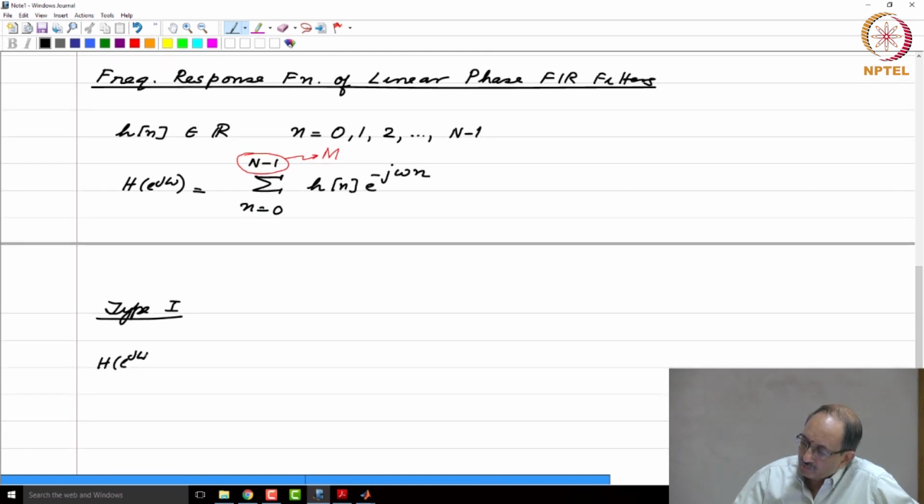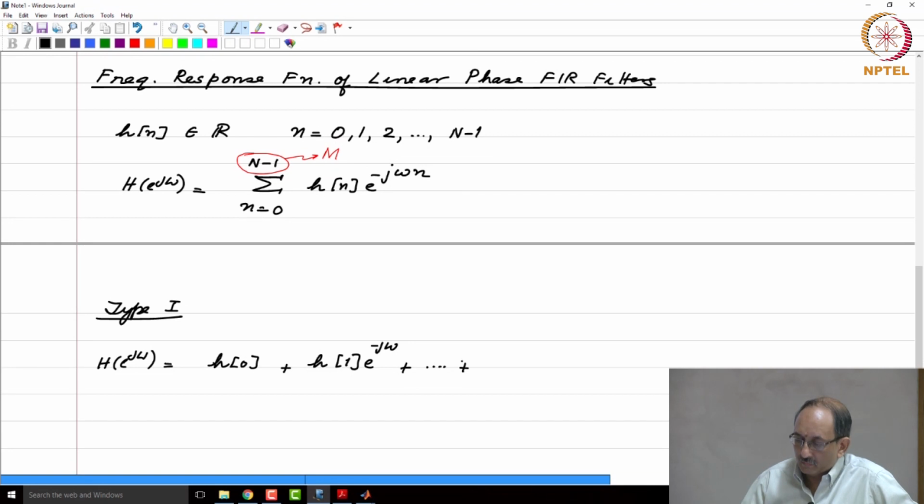So, let us look at type 1. Therefore, H of e to the j omega is the sum from 0 to n minus 1, so that is 0 to cap M. So, this is h of 0 plus h of 1 e to the minus j omega and so on.